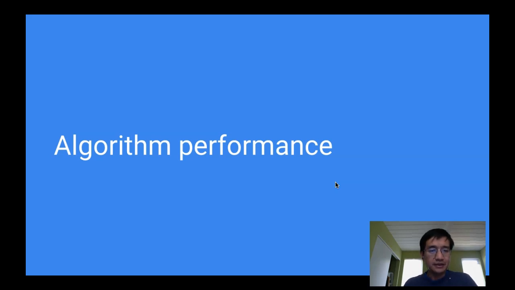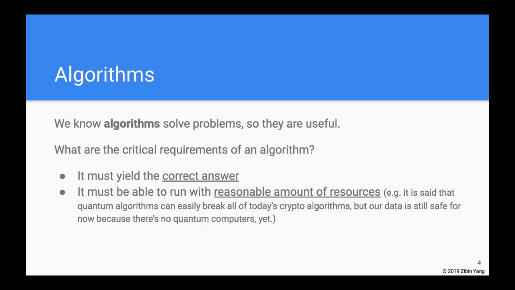Hi, in this video, we're going to talk about algorithm performance and show an example of it. So we know algorithms are useful because they solve problems. So what are the most critical requirements of an algorithm?